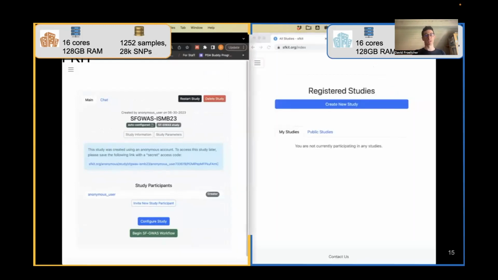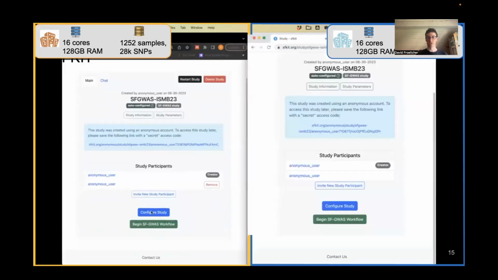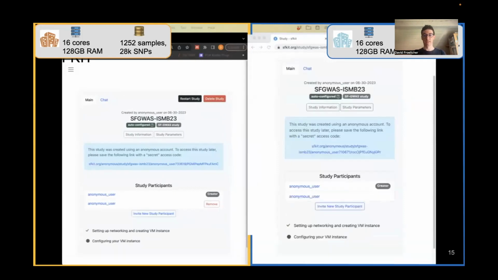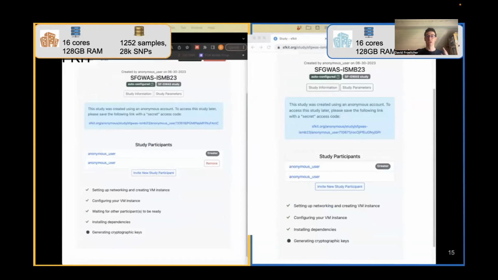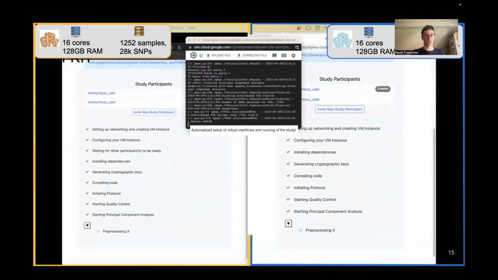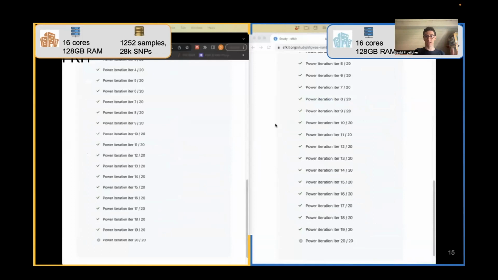This request can be accepted by the creator of the study, and then the users can start the study, which will be performed, of course, without revealing any data between the users or without also the website accessing the users' confidential data. So the website automates or streamlines the study, but doesn't learn any information about the users' local data.